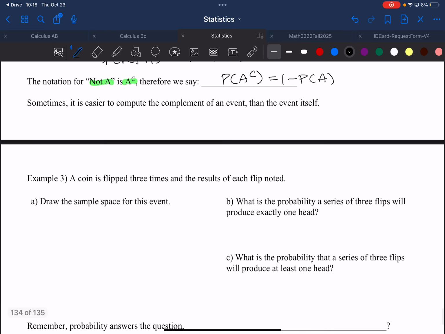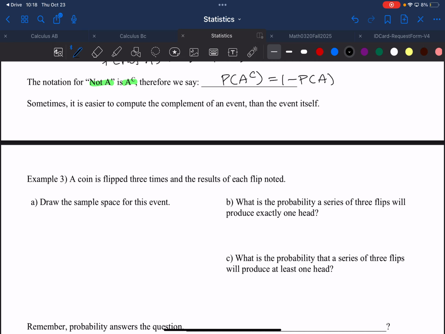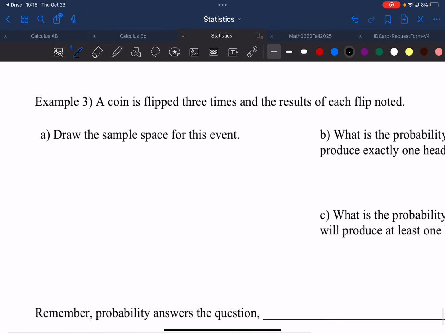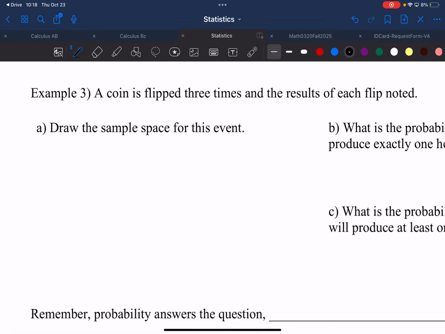So for example, a coin is flipped 3 times and the result of each flip is noted. It says draw the sample space for this event. Okay, so we're flipping a coin 3 times. What is one possible occurrence that can happen?